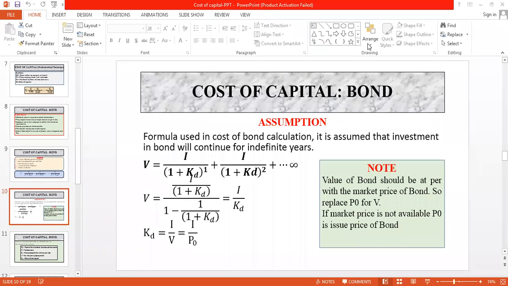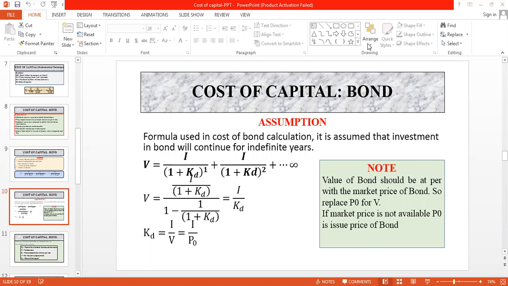Welcome again to the discussion on cost of capital. In the previous lecture, we calculated the cost of debenture by using the simplest formula, where there was no complication, only interest per period and the issue price or market price of the bond was given.